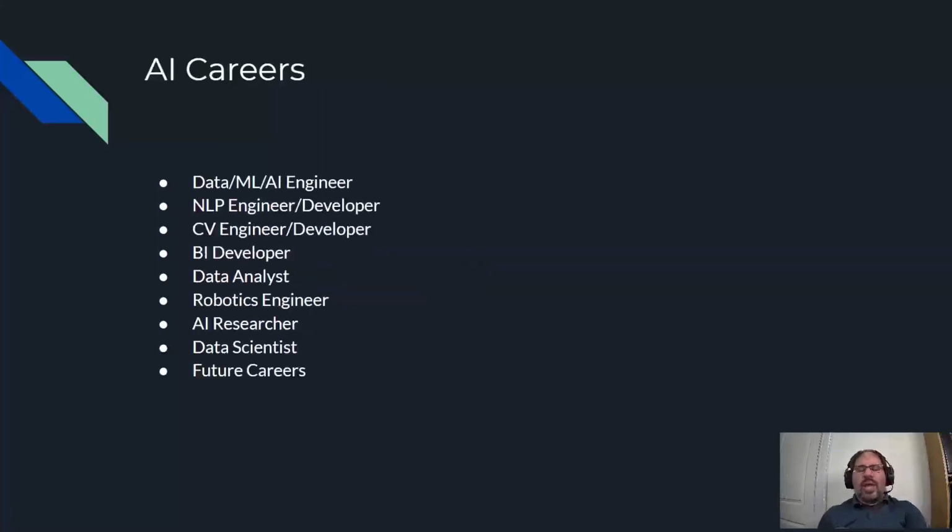So, starting with the end in mind. One of the biggest things you hear about in AI is a data engineer or a machine learning engineer or a more general AI engineer. These are the plumbers. These are the electricians. These are the ones who do the infrastructure for an AI project.